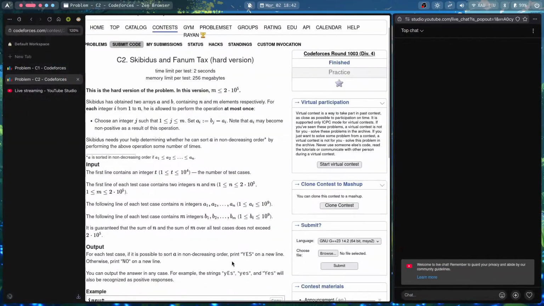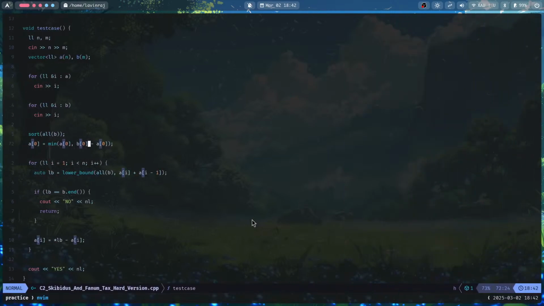What if B[i] could be negative? No, no element is negative initially. That means B0 will be the minimum element, and we minimize it by the original value. So we don't have a problem with that.